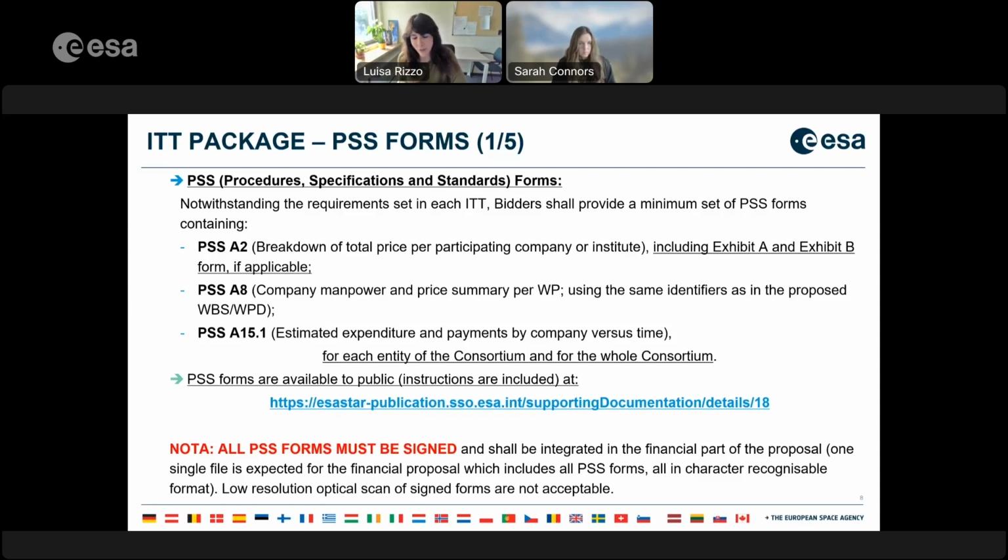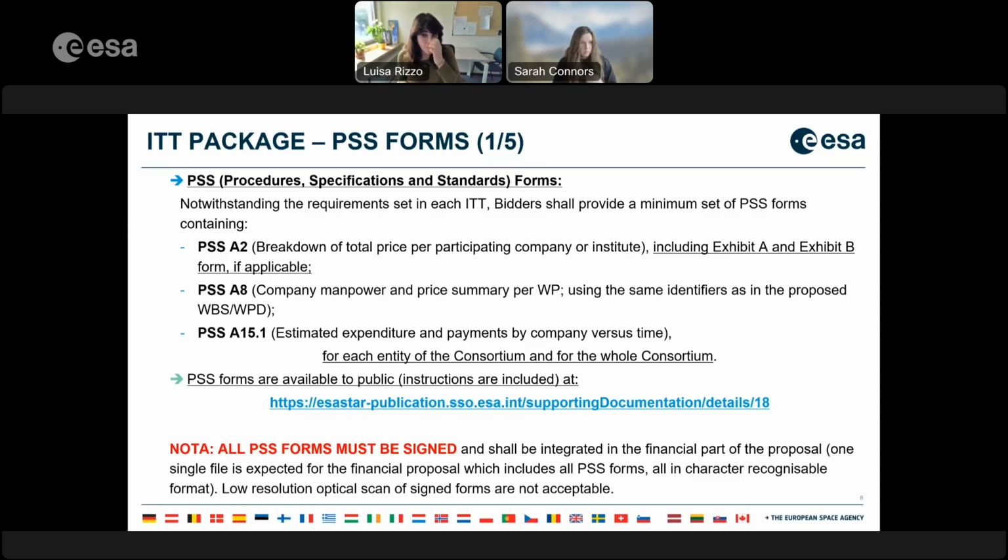So please make sure that the PSS forms are fully readable. And I'm saying this in your interest, because if we cannot access the information, it is very hard to evaluate and to properly assess a proposal.